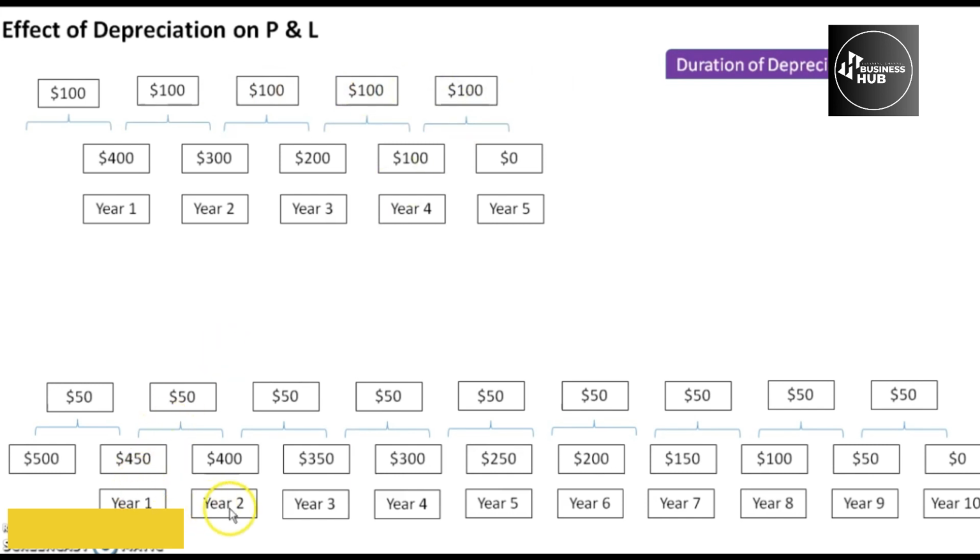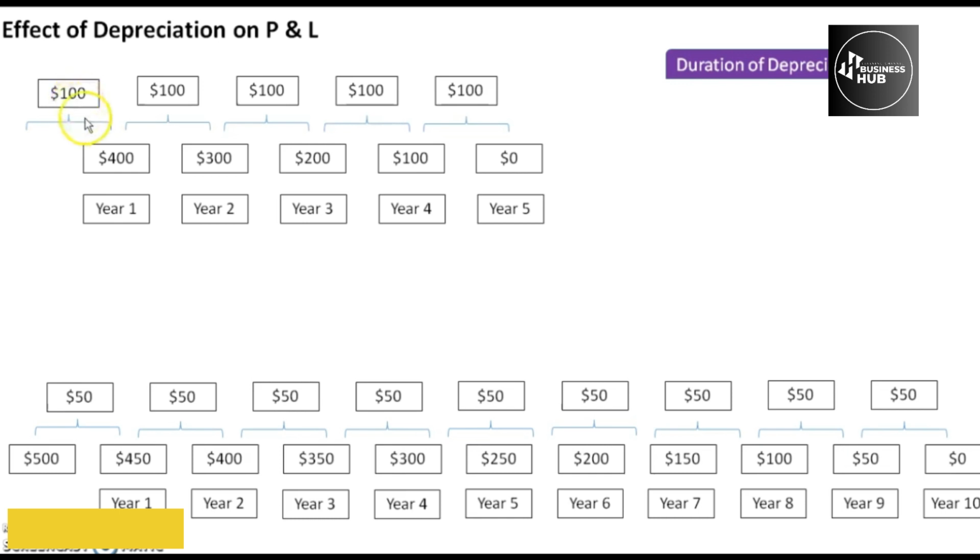Whereas imagine that you have considered that the same machine would be used for 10 years, and because of that you will subtract only $50 rather than $100 from the P&L statement. In this second case, the profit margins will look slightly healthier vis-a-vis the first case where you are subtracting $100.